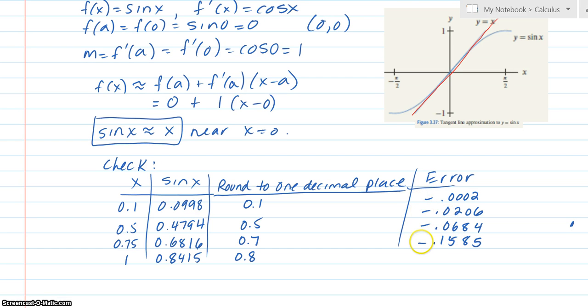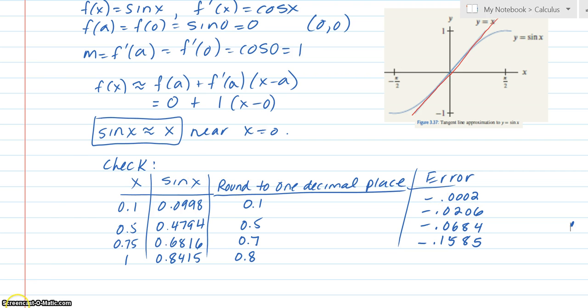They are negative because it's the real minus the approximate. You can see the approximate is an overestimate because it is concave down when x is bigger than 0. But if we chose negative values over here, it actually would be an underestimate, and then these would be positive.